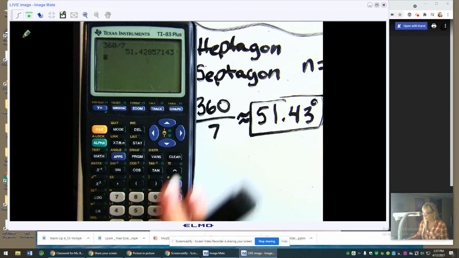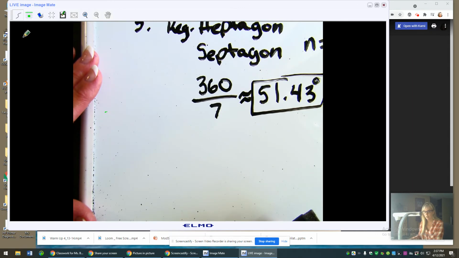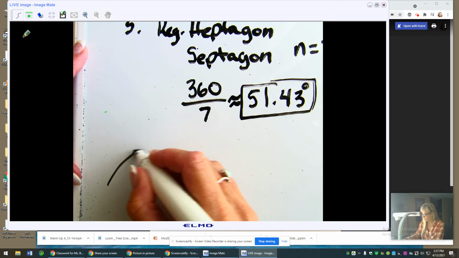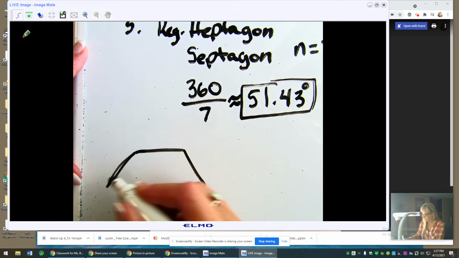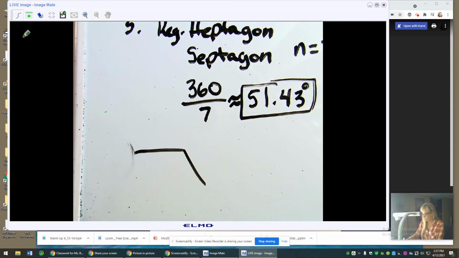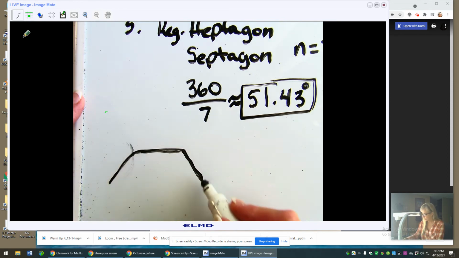All right, I'm pausing. I don't need to because it's a recording. Oh, by the way, I meant to talk about an exterior angle, since that's what we found just here. Let's say we've got some figure. I'll just draw a portion of it. Let's say you just see the top of some, this is a hexagon.